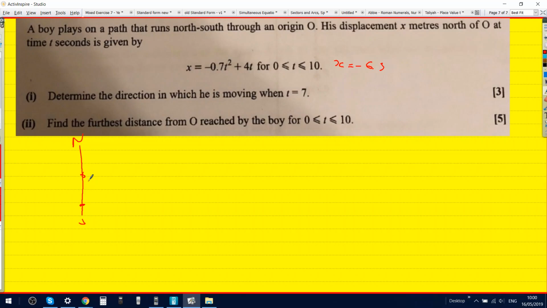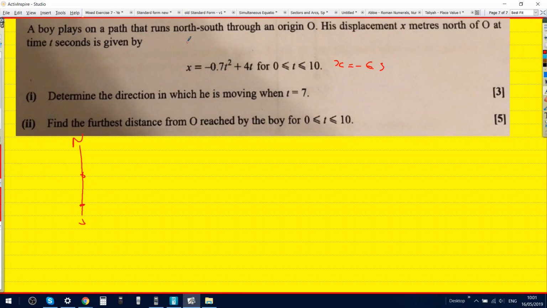You can do it using differentiation. You can do it using graphs. What's confusing about this is they call it x equals, but it's going up and down. It might have been easier if they just called it y equals, because that's usually what you'd say.